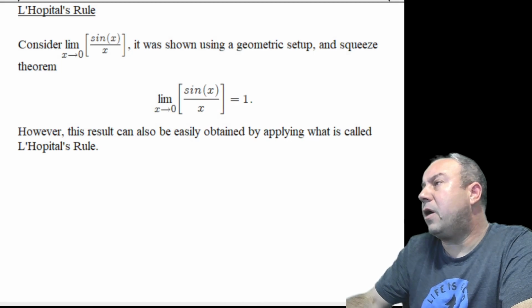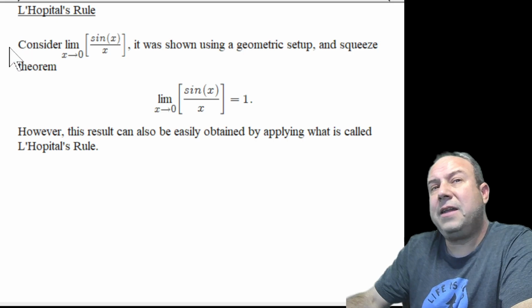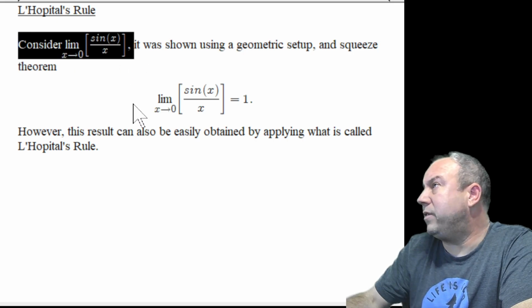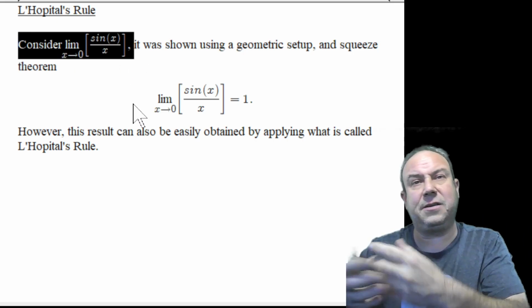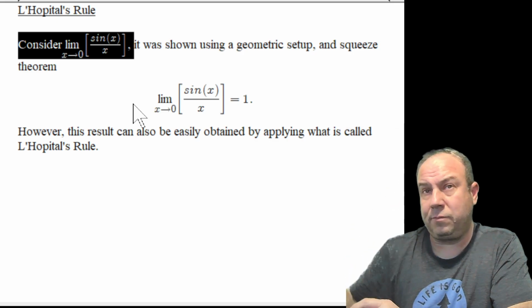Right. We are talking L'Hopital's rule in this set of notes. And to open with, let's go back and consider an example. Let's consider back at the beginning of the semester when we introduced indeterminate forms.